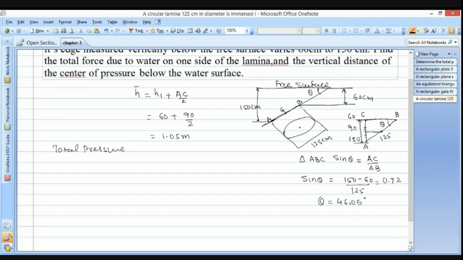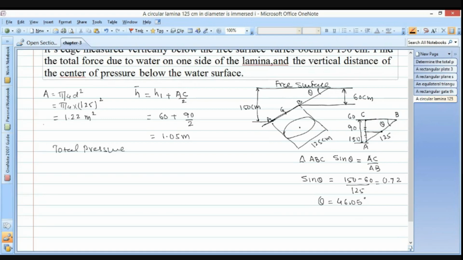Now for the total pressure force. Before calculating it, we calculate two quantities that we require. The area equals pi by 4 d to the power 2, so pi by 4 into 1.25 squared, which gives the area 1.22 meter square.